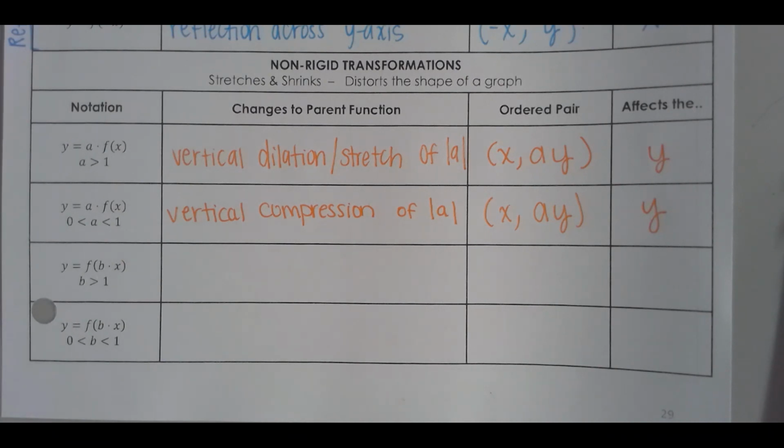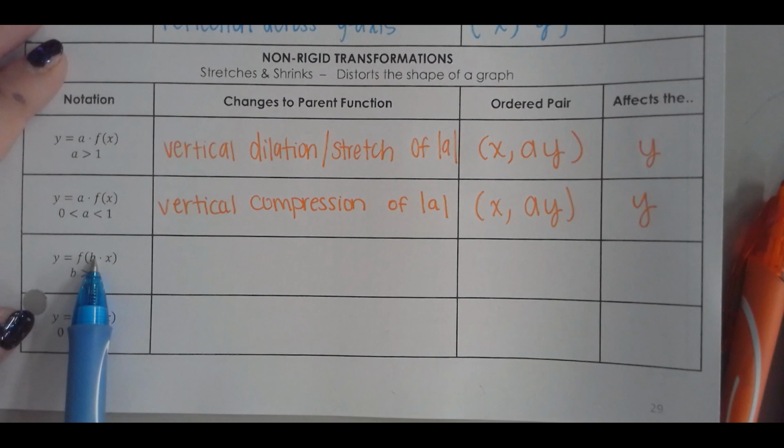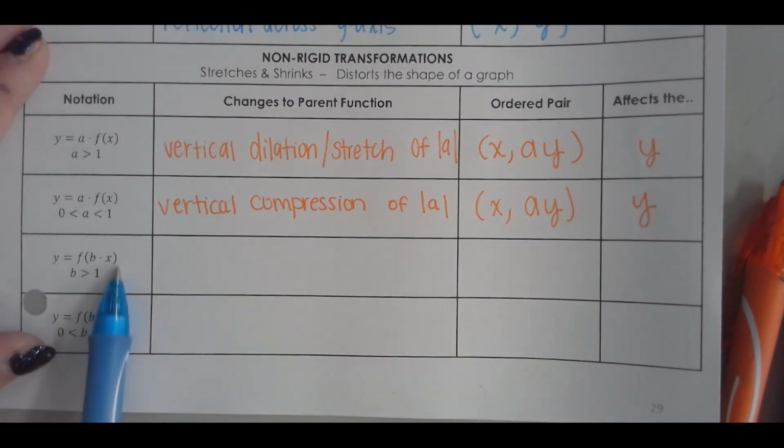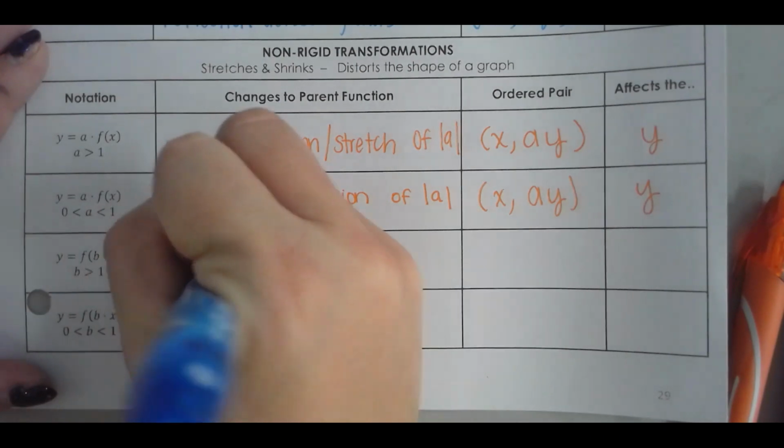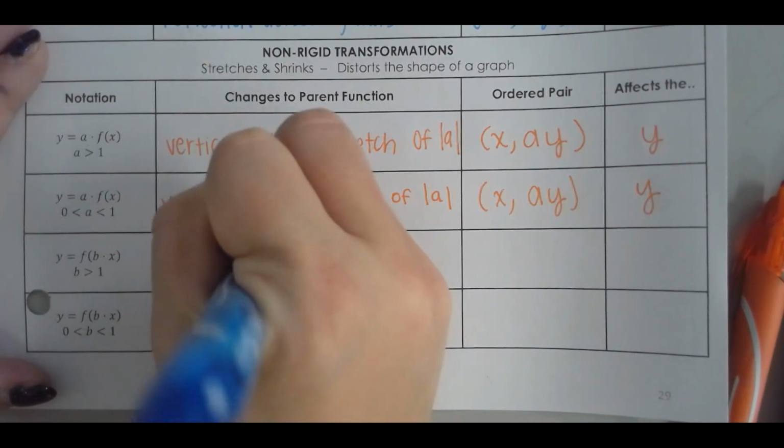When the number is being multiplied directly with the x, so the x kind of on the end. Compression.